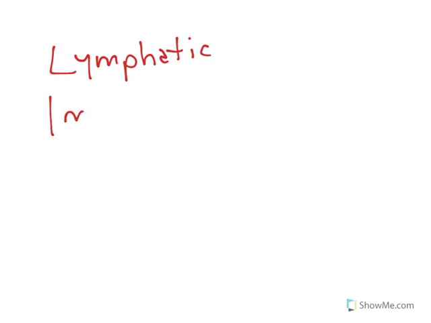It works along with the immune system. So the immune system is a system of cells and proteins that will help to defend us against bacteria, against viruses, parasites, and even our own body cells at times.